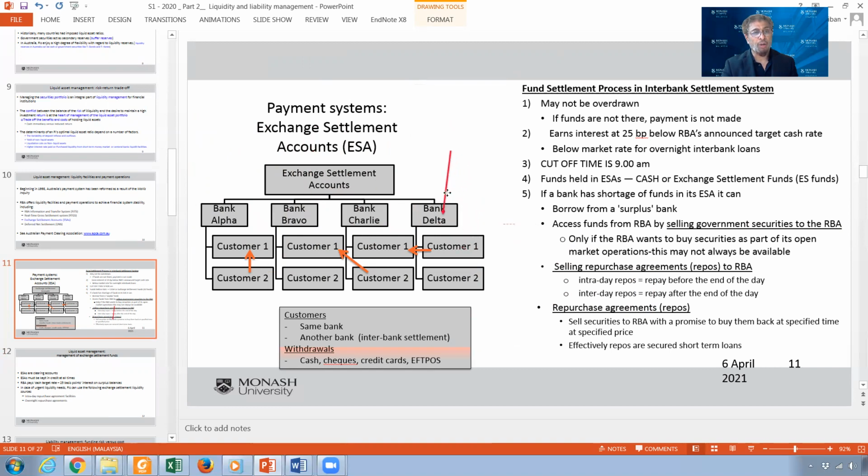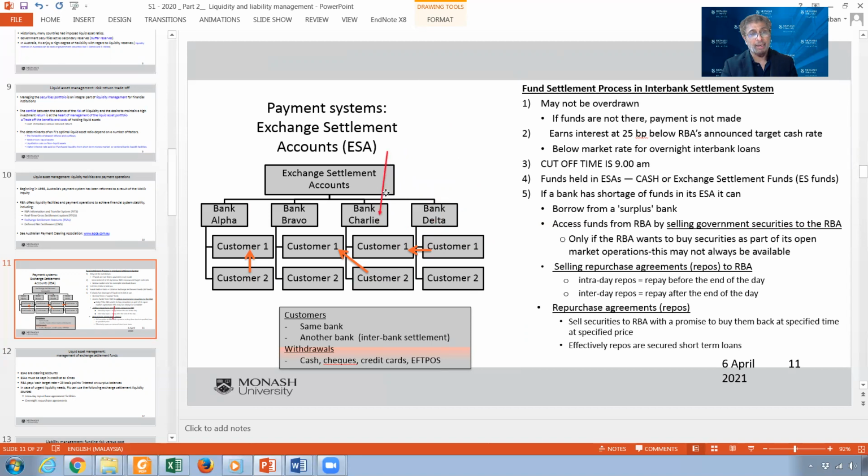If a customer of Bank Delta, say Hong Leong, for example, wrote a check for a customer of Bank Charlie, which is CIMB, now, just assuming, in this case there is a liquidity problem.